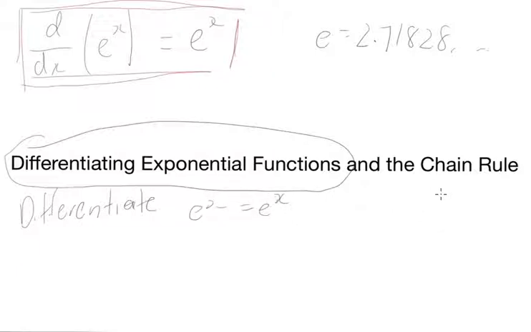But chain rule. So chain rule said dy dx equals dy du multiplied by du dx.